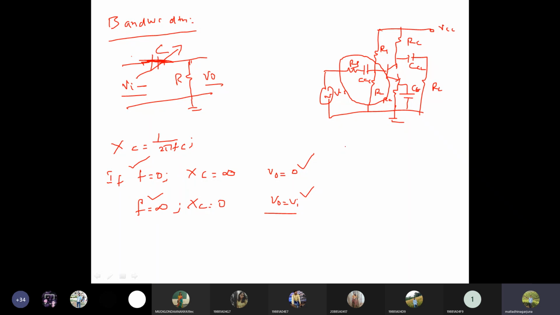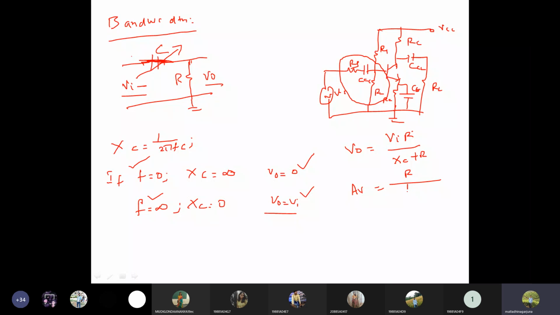So from this you can write V0 is equal to Vi into R divided by Xc plus R. So V0 by Vi means Av.